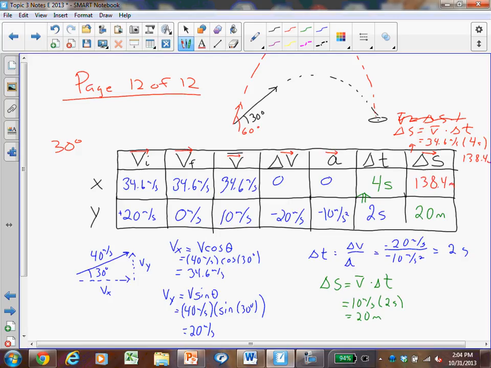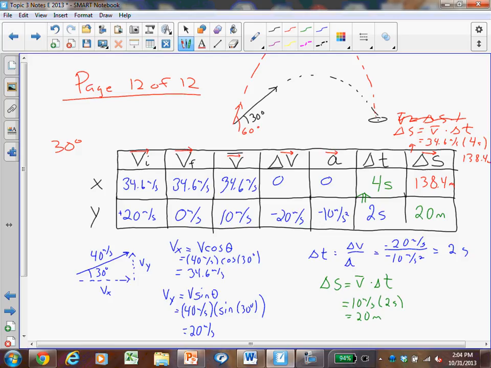Okay? Well, we're going to get to that. So for the x direction, for 30 degrees, it goes 138 meters. And how high it goes is 20 meters.